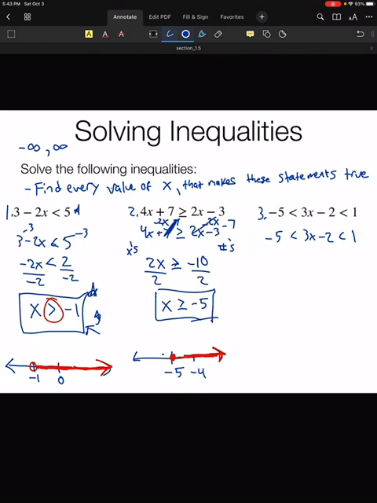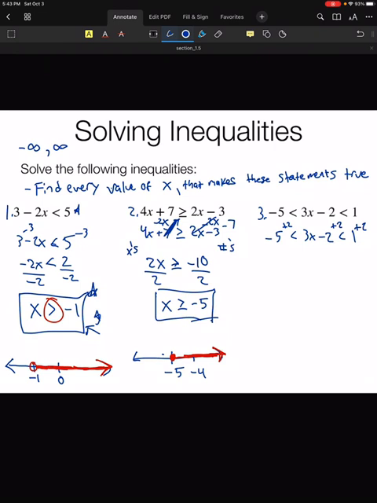I have to do the regular operations that I was doing on the first two. For instance, my first operation would be to add 2. But when I do that, I have to do it to both things outside of my inequality, so I add 2 over here and add 2 over here.